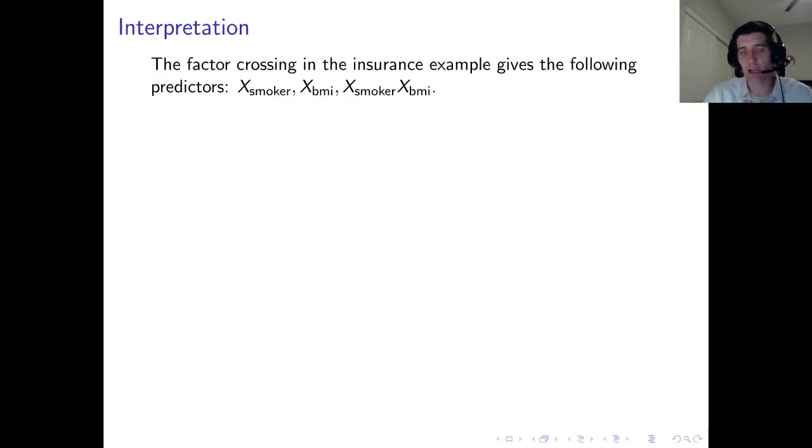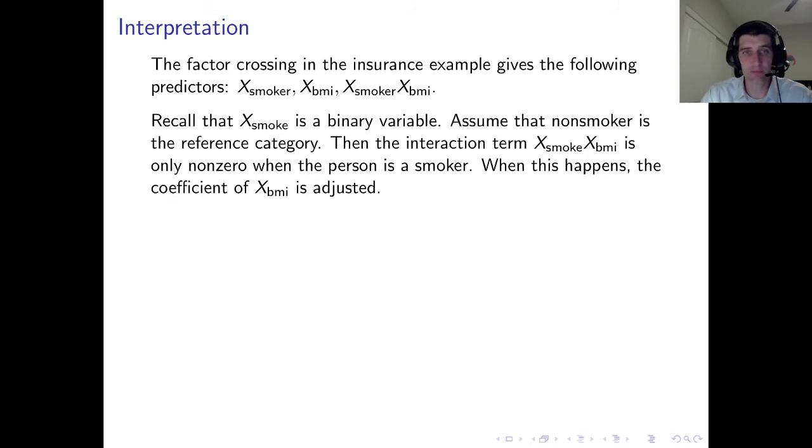Let's talk a little bit about how to interpret interaction terms. In the insurance example, which is the one where the interaction term benefited us, we had the following predictors, one for each, and then the interaction term.